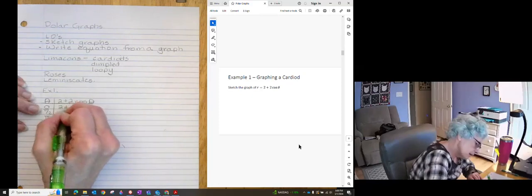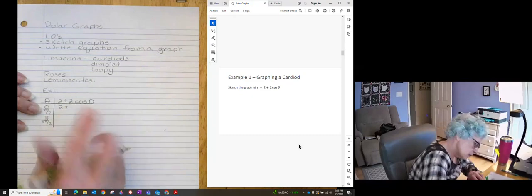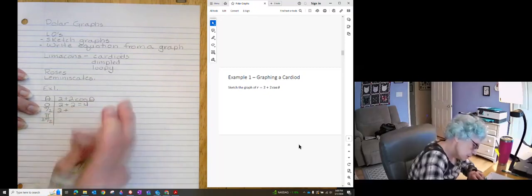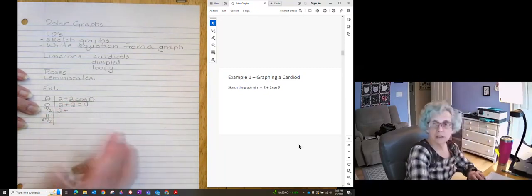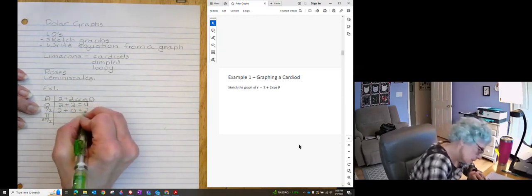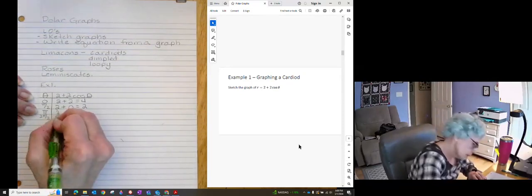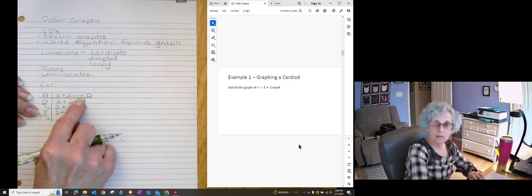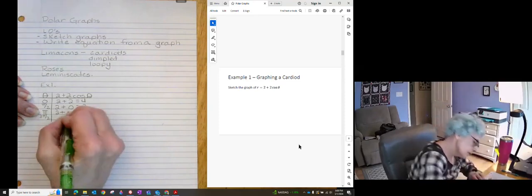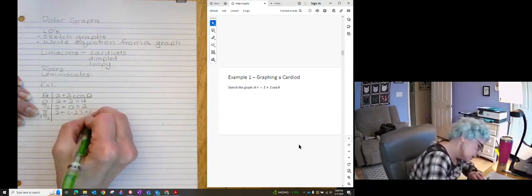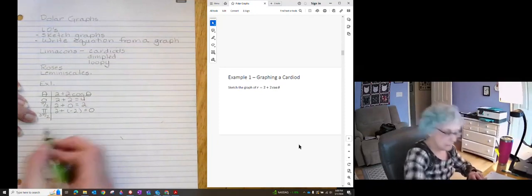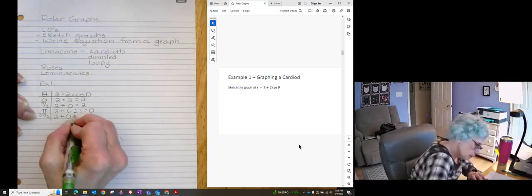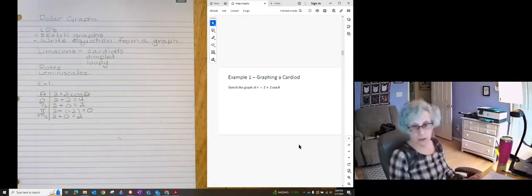So 2 plus 2 times the cosine of 0 would be 4. 2 plus 2 times the cosine of pi over 2 is 2 plus 0. 2 plus 2 times the cosine of pi is 2 times negative 1, so 2 plus minus 2 is 0. And then 2 plus 2 cosine of 3 pi over 2 is 2 plus 0, so 2.